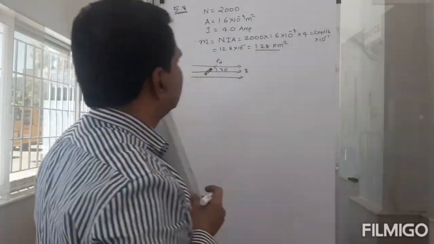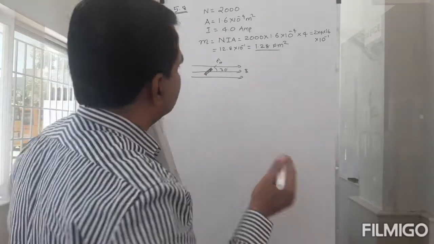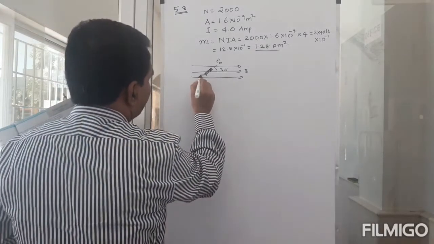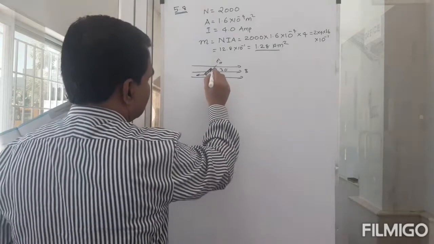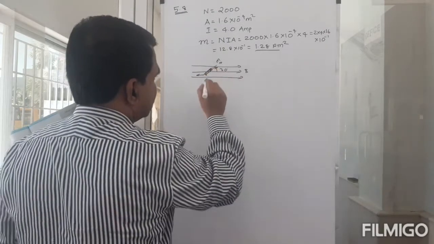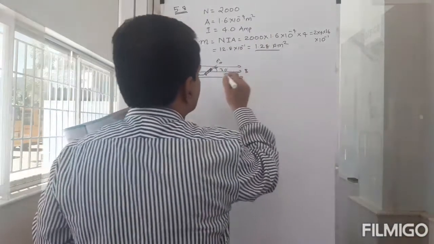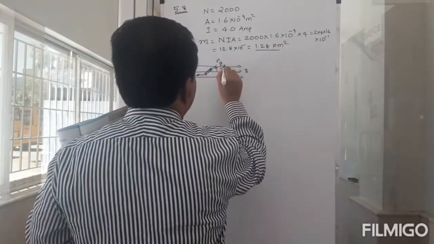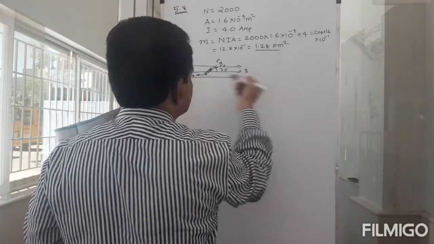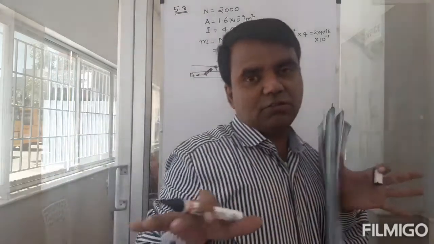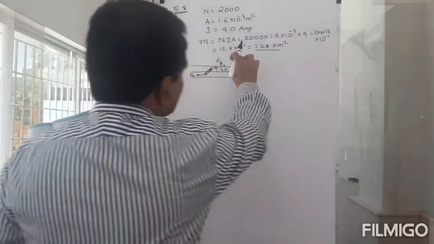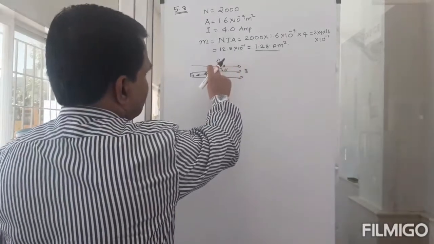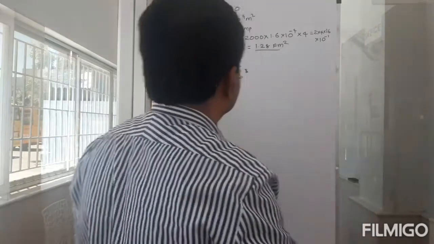Okay. So clearly, the force acting on the south pole and the force acting on the north pole would be equal. So this is Fn and this is Fs, they're equal and opposite to each other because this is a uniform magnetic field. So the force acting on this and the force acting on that would be the same.